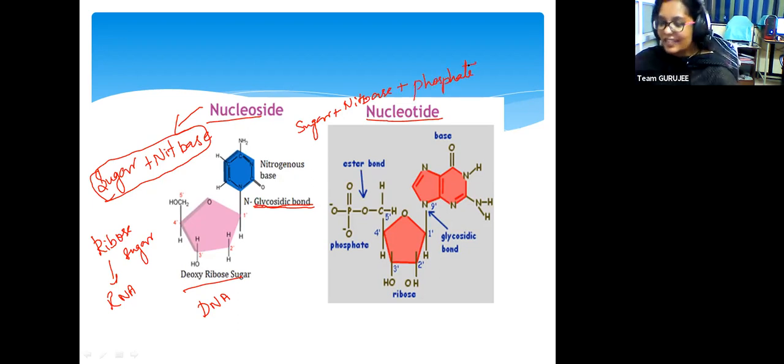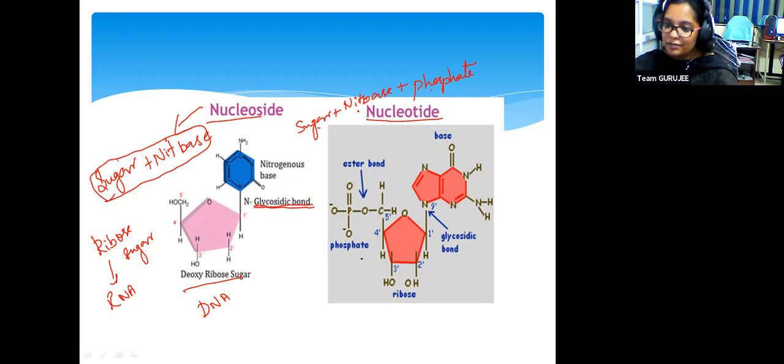It's just one additional compound present in nucleotide. In case of nucleoside, only two things are there, one sugar and nitrogen base. Then in case of nucleotide, sugar, nitrogenous base along with phosphate is present.